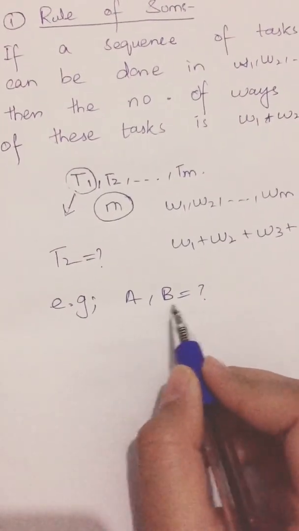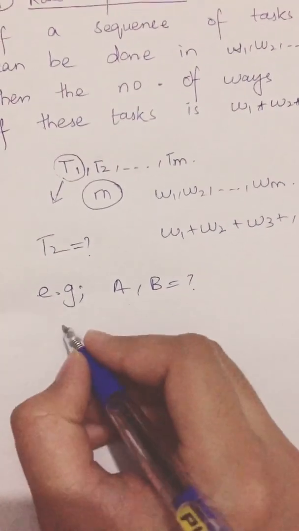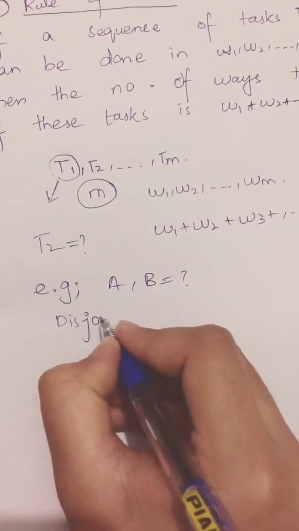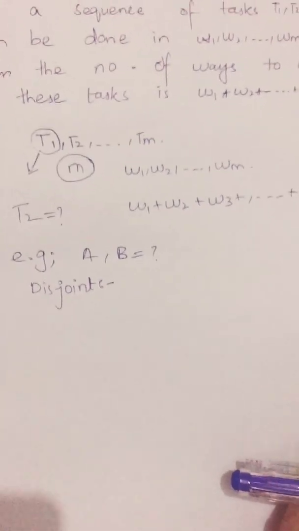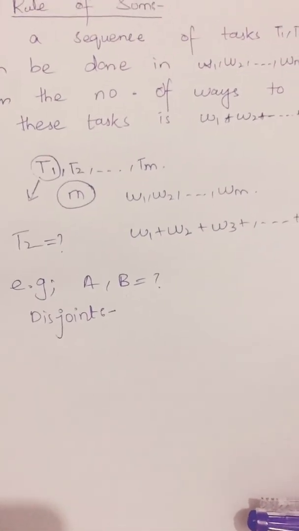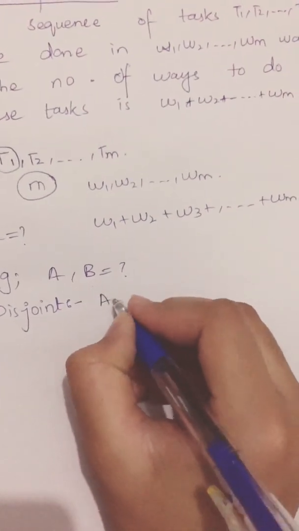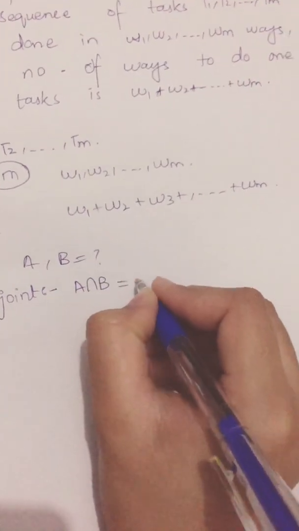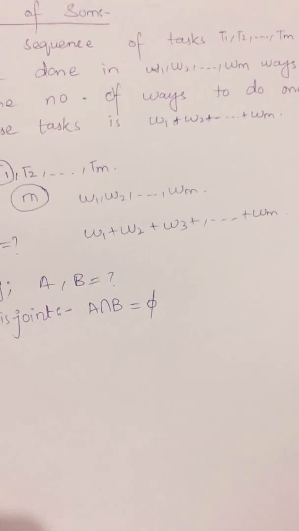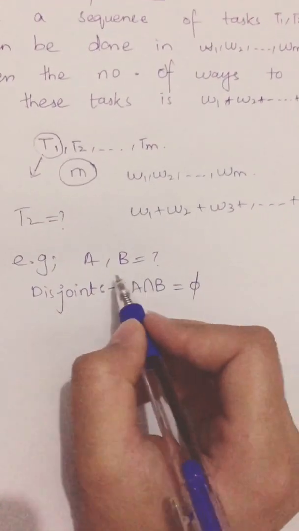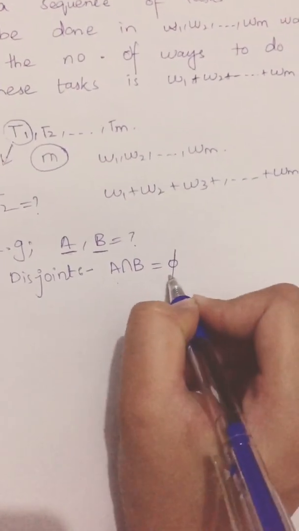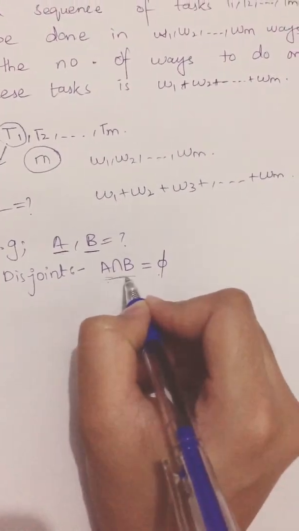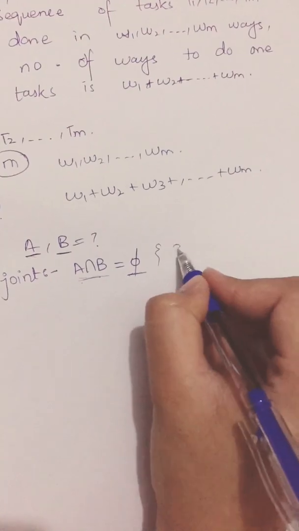Let's suppose these A and B are disjoint. As I told you in the previous class, disjoint sets means A intersection B equals phi. So let's suppose A and B are disjoint, meaning if I take the intersection of these two, it gives me phi or the empty set.